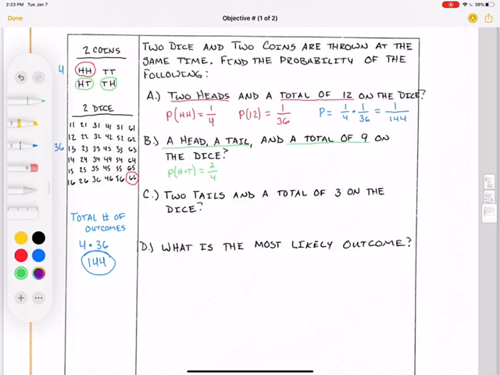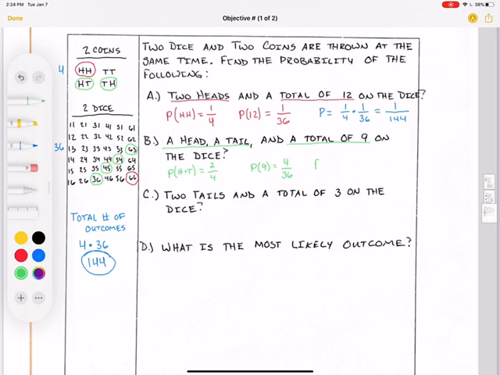A total of 9 on the dice. So things that add to be 9. Things that add to be 9 are going to be 3 and 6, 4 and 5, 5 and 4, 6 and 3. So 4 out of the 36 options.